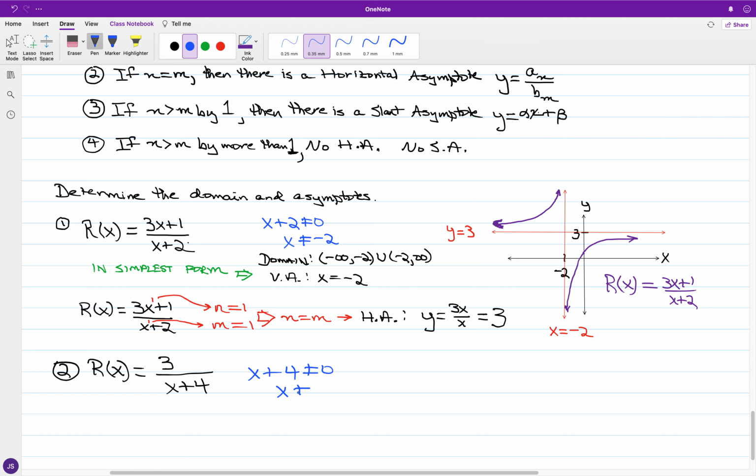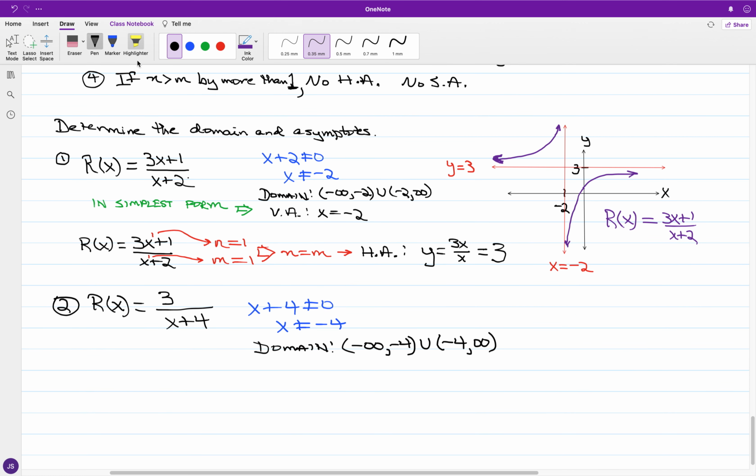So x cannot be negative 4. So for the domain, you have those values of x less than negative 4 as well as those greater than negative 4.